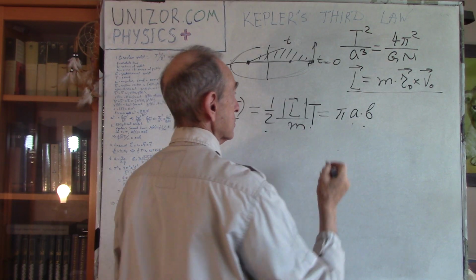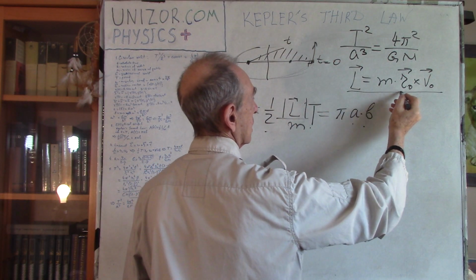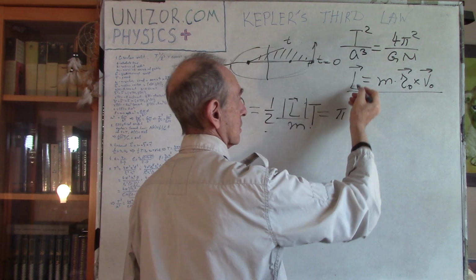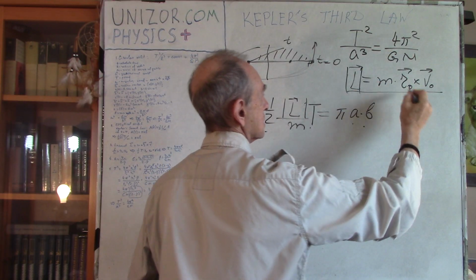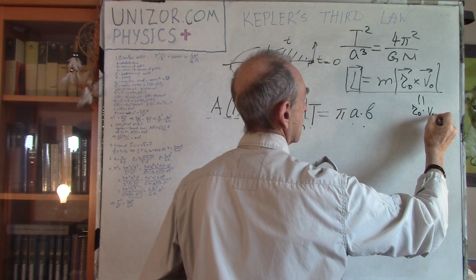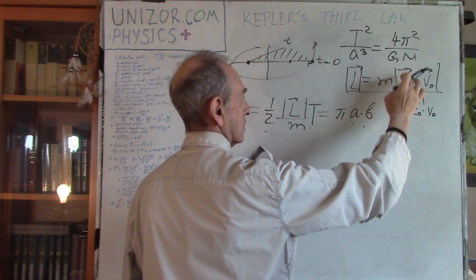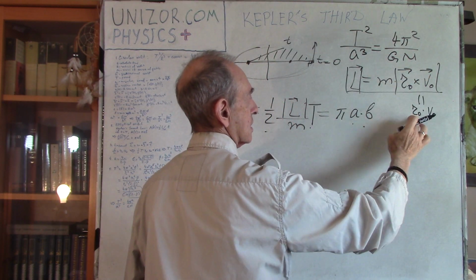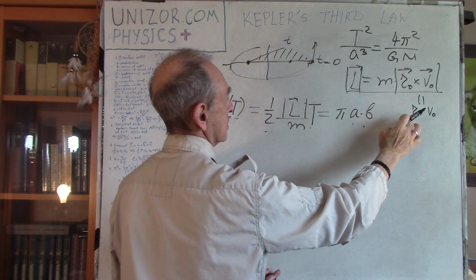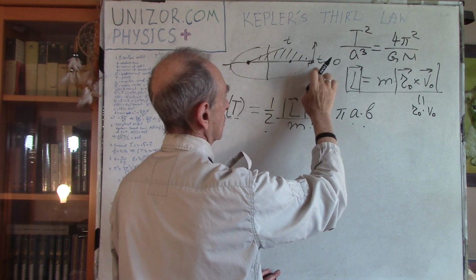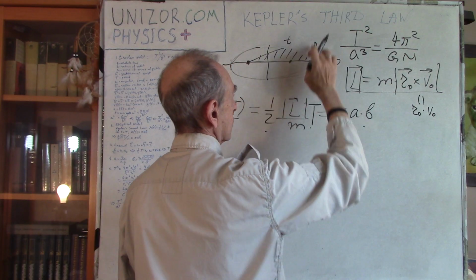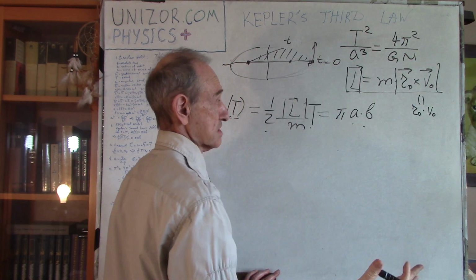And since it's perpendicular, the value of vector L is equal to the multiplication of their magnitudes. You see, these are vectors, these are magnitudes of these vectors. So this is just the distance r0 from Sun to the furthest point, which is aphelion, and v0 is just the magnitude of velocity, which is speed.